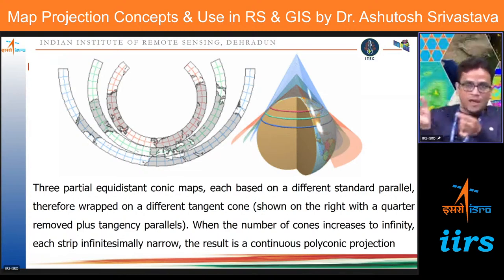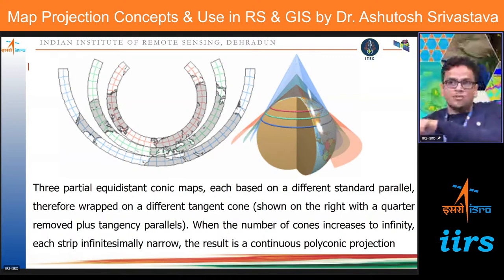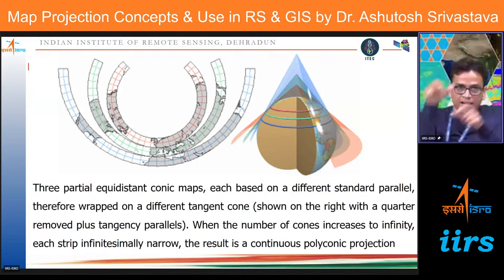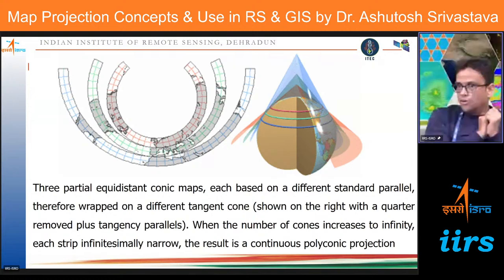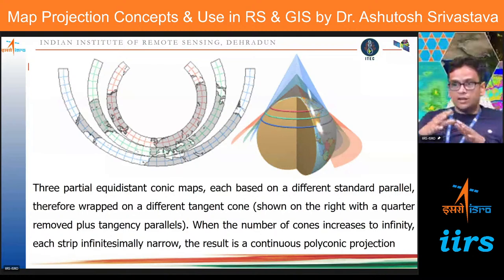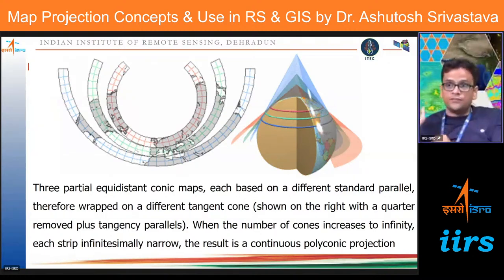Wherever it is touching, the line will come exactly onto the surface of the cone. There will not be distortion. It is a standard parallel. So that strip we will take and put it like that. Now we take another cone which has a different size, so it will touch at different places.